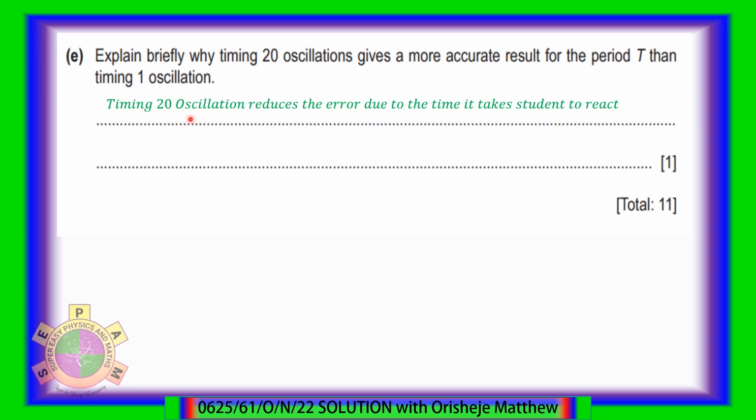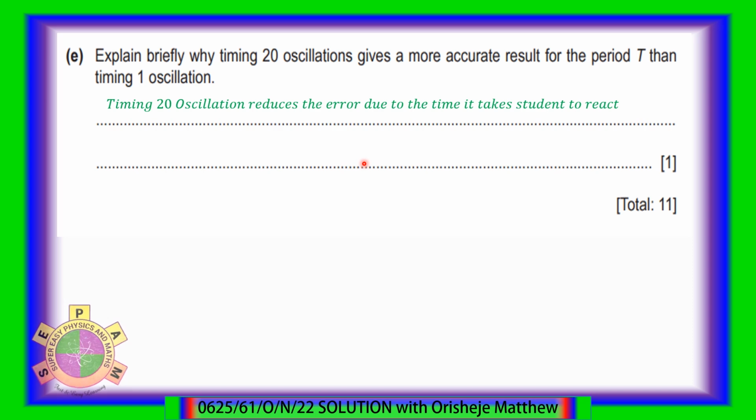So if you are measuring only one oscillation, one complete circle, the student is bound to make more error than when he is measuring multiple circles of the swinging pendulum.